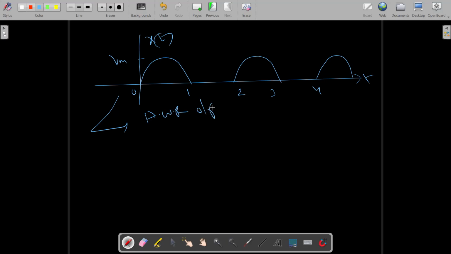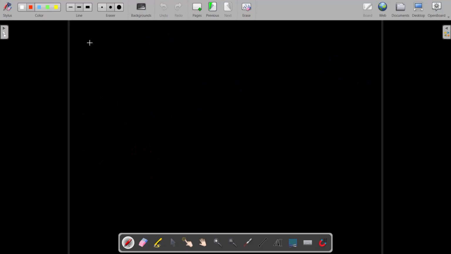For this, we got the average value Vm by pi. This is the average value for this particular signal x of t. Let us go to the next slide and ask the question.